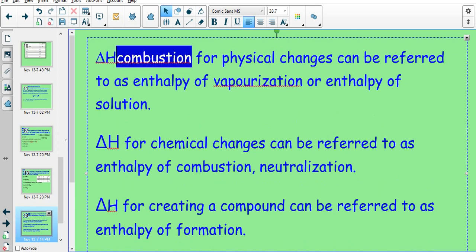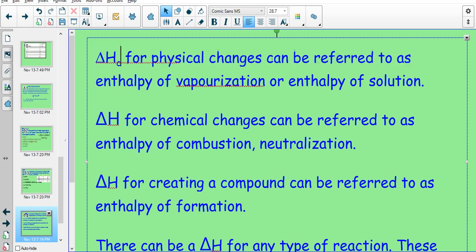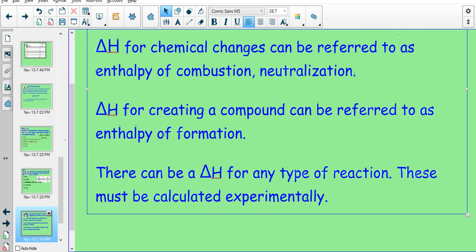So delta H is essentially right now just change in potential energy, change in thermal energy of a different situation. It can be vaporization, it can be neutralization, combustion, it can be the formation of certain products. That will lead us to enthalpy and molar enthalpy that will be coming up next.